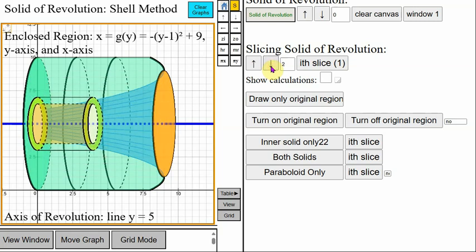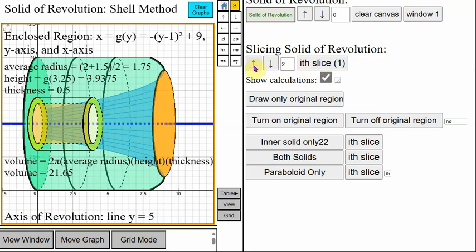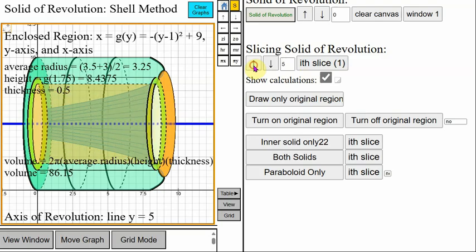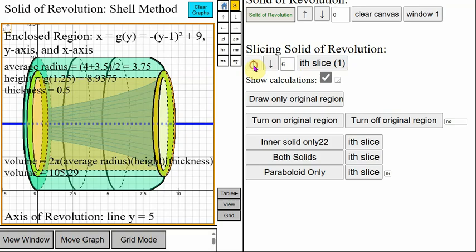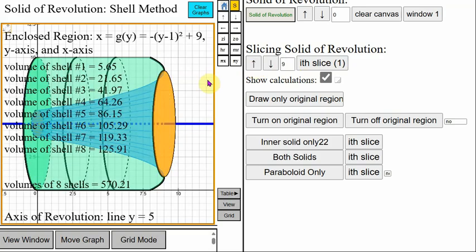That will give us an approximation for the volume of the solid of revolution that we want. Here are the calculations for the 8 shells. The volume of the 8 shells is 570.21.